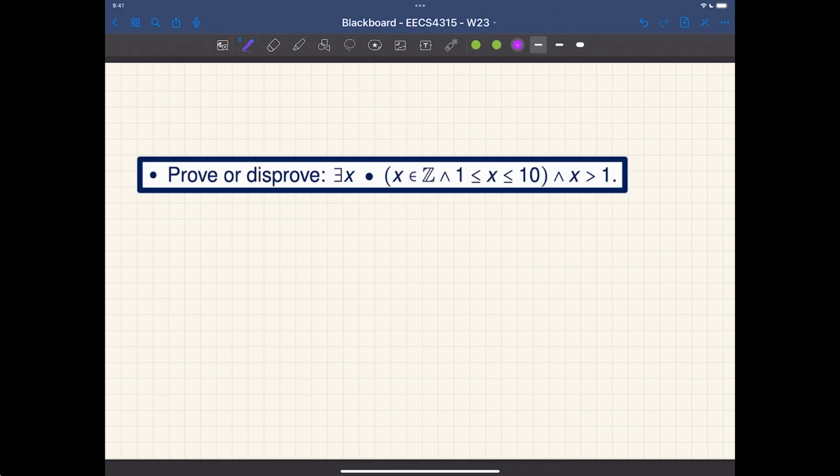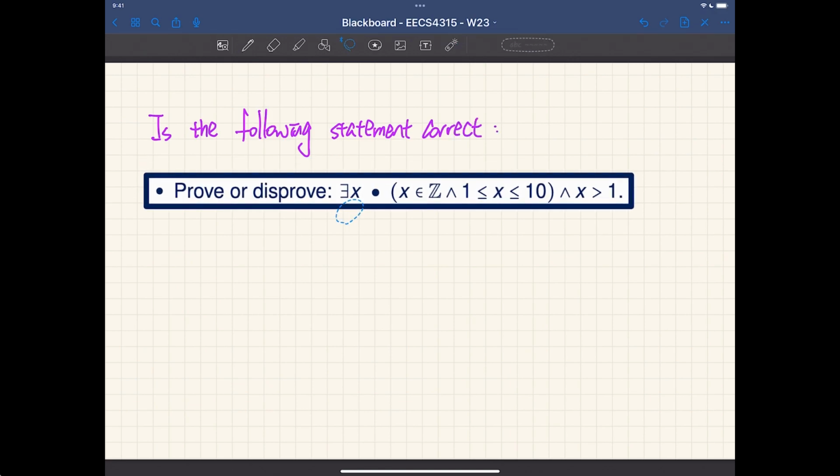Is the following statement correct? Let's say it's a true-false question. I'll modify the wording a little bit, so you can read the whole question.